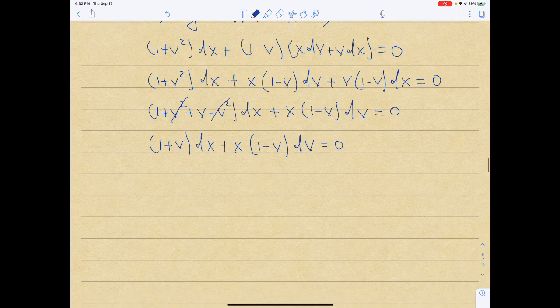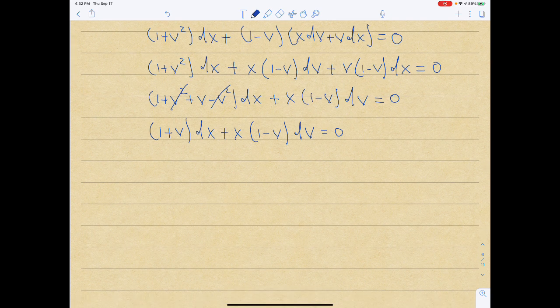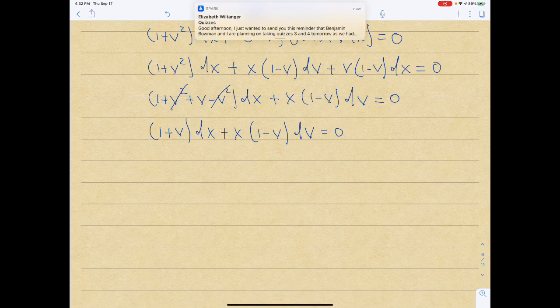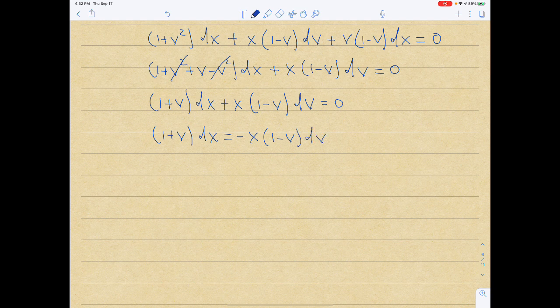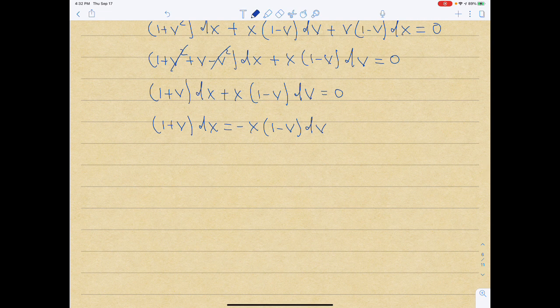And we said that if I use a substitution y equal to vx on a homogeneous equation, I'm always going to end up with a separable equation. And indeed, in this case, if I separate the sides, so (1 plus v) dx is equal to minus x (1 minus v) dv. Move x's on one side and v's on the other side.